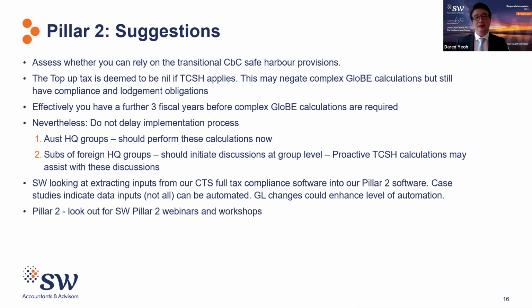So as to what we are looking at, we are looking at extracting inputs from our CTS full compliance software. So for those here who are using the software, linking that into our CTS Pillar 2 software. Our initial case studies indicate that there are data inputs that can be automated to streamline the calculations, and GL changes could enhance that automation.